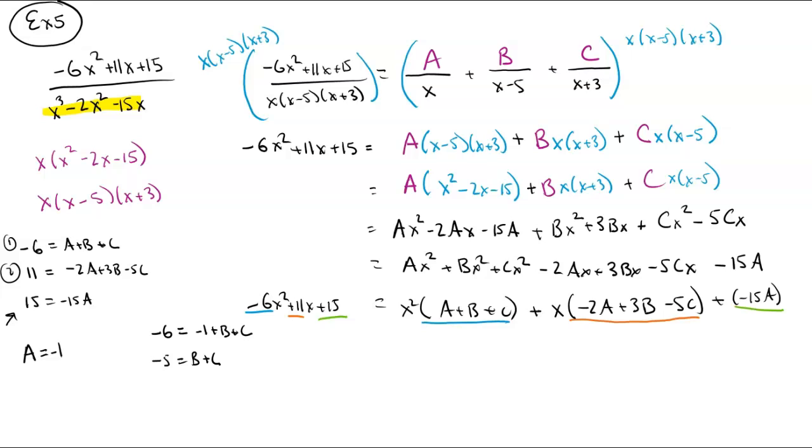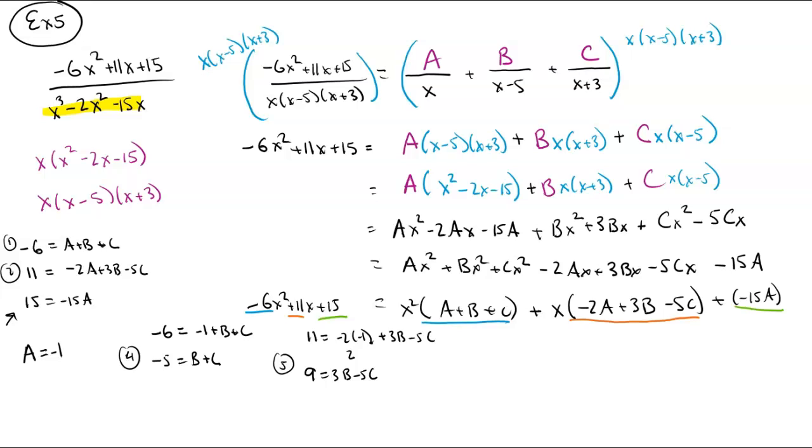I'll do the same thing with the second one. So 11 is equal to negative 2 times negative 1 plus 3b minus 5c. Negative and negative turn positive. That becomes a 2. So that means that this becomes a 9. And then 3b minus 5c. Again, these are kind of like brand new equations. Call that equation number 4, call that equation number 5. Now it's just to determine what variable you want to cancel.